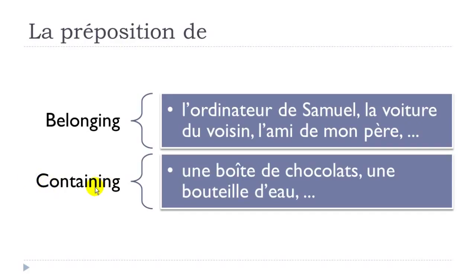Okay, so let's see now another possibility of the use of la préposition de when you want to introduce this containing concept. Like here, for instance, une boîte, a box, de chocolat. So inside the box you've got chocolates, okay, une boîte de chocolat. So the use of de in that case is quite clear. It's just because les chocolats sont contenus dans la boîte. Une bouteille d'eau. Okay, bottle of water. So in that case you should use this de.